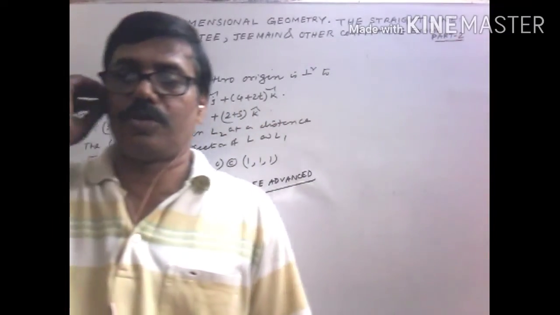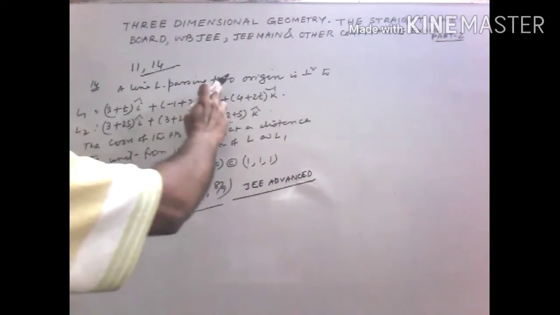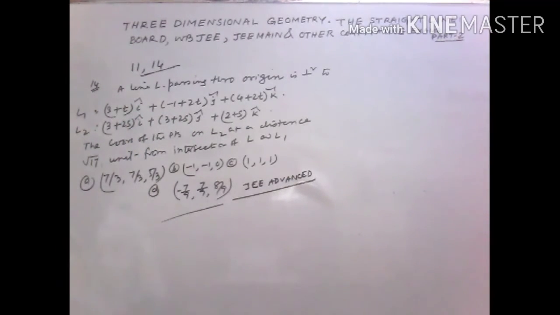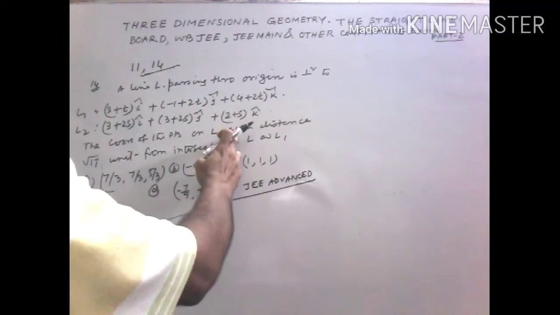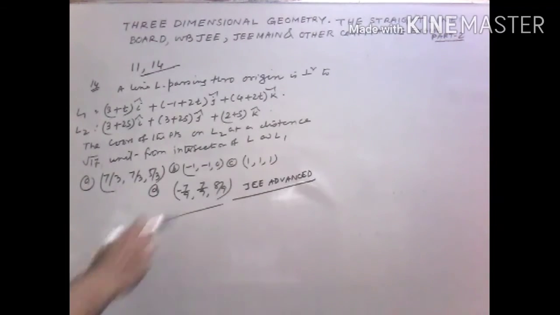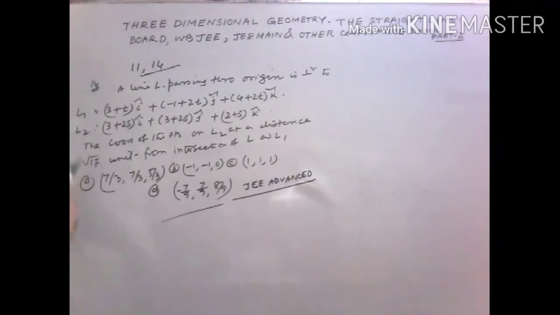Now we consider two same types of problem, 11 and 14. A line L passing through the origin is perpendicular to the lines L1 and L2. Find the coordinates of the points on L2 at a distance root over 17 units from the intersection of L and L1. So the lines are not given in standard form.